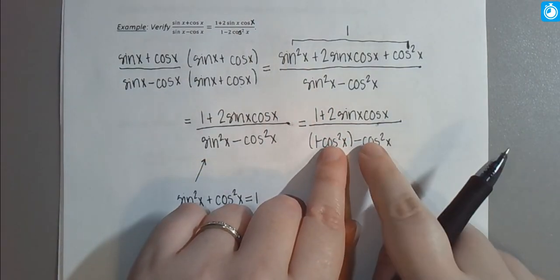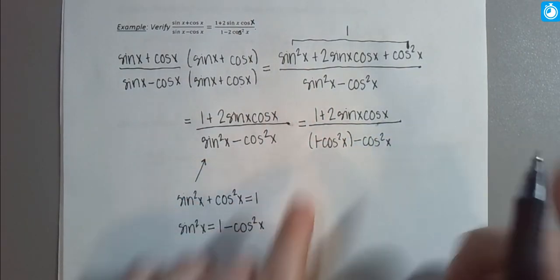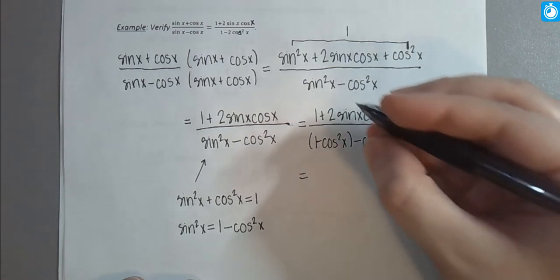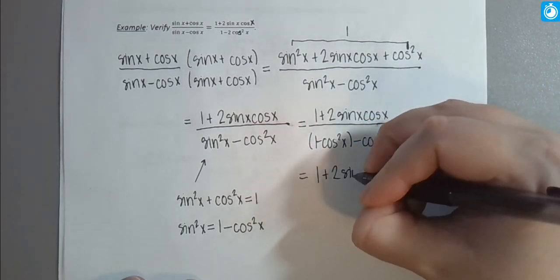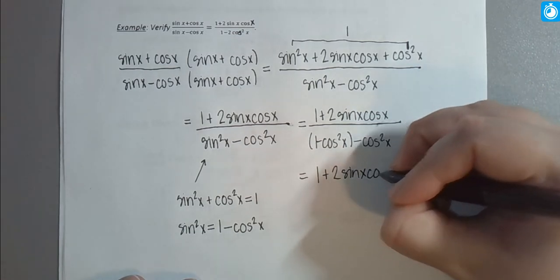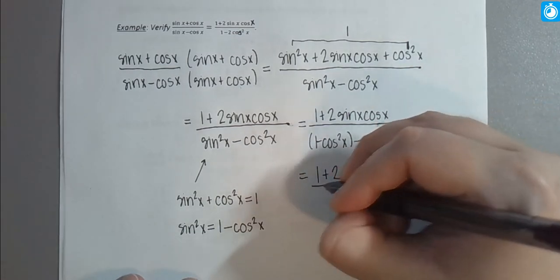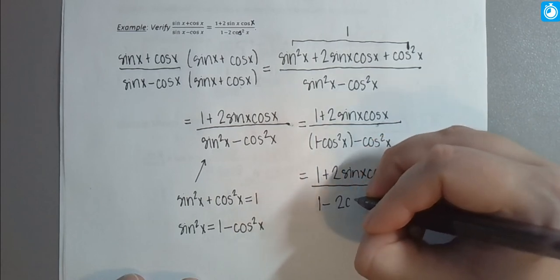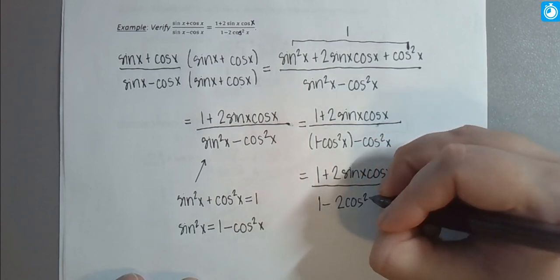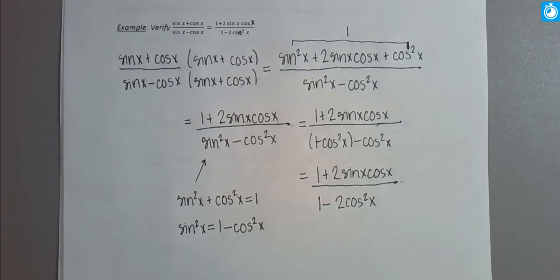Well, here's a negative, they combine to give us negative 2 cosine squared. So we already got the numerator we wanted, and then our denominator, we have our 1, and then we'll have a negative 2 cosine squared x. And that is where we want to be.